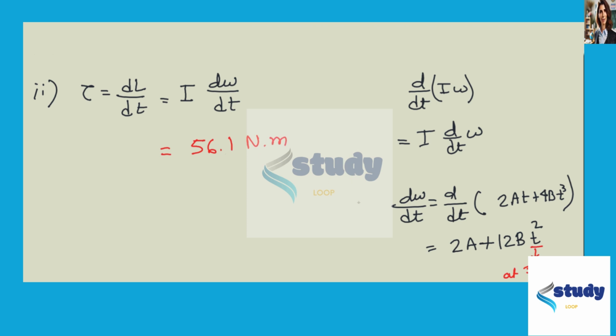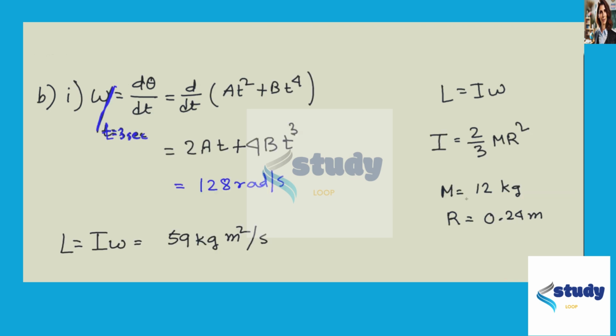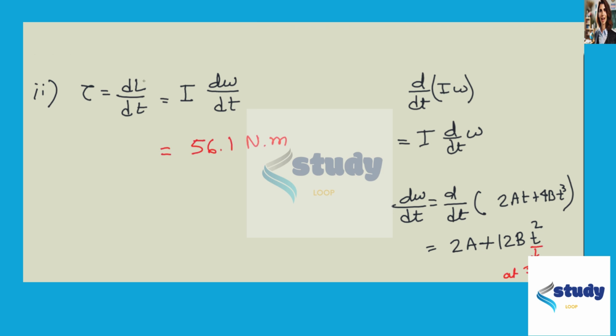You should do the calculation by yourself. All you've got to do is put a, b, and t here for d omega dt, and for I you just have to put the mass and radius to get I. Once you know your I and d omega dt, you just multiply them together to get the torque.